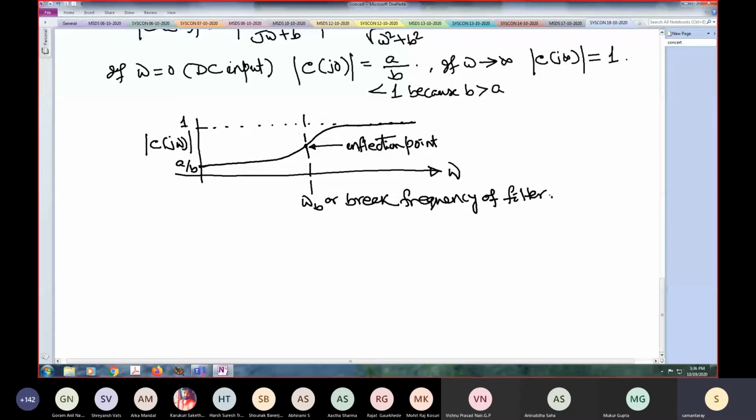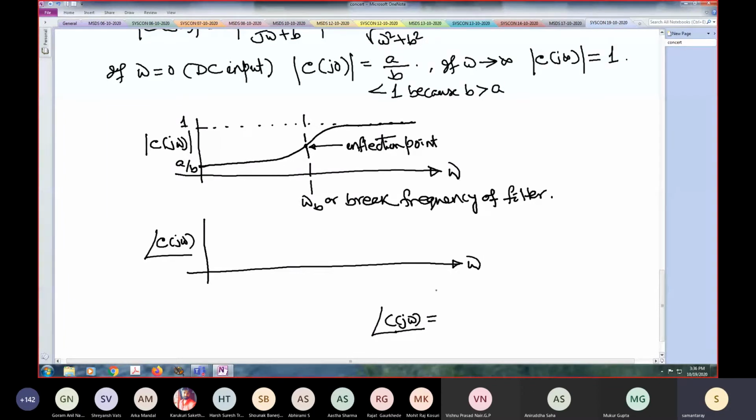All right. So where is this break frequency? We will plot also phase. This is angle of that compensator j omega. So what is angle? Angle of compensator j omega is angle of that whole thing.